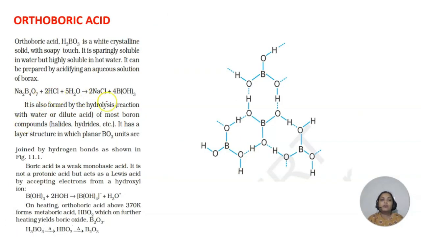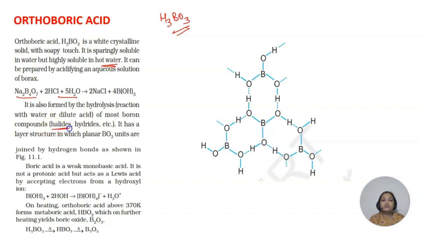Then if I'm talking about orthoboric acid, you should know its structure here. H3BO3 is a white crystalline solid with a soapy touch. It's sparingly soluble in water but highly soluble in hot water. It is prepared by acidifying an aqueous solution of borax.